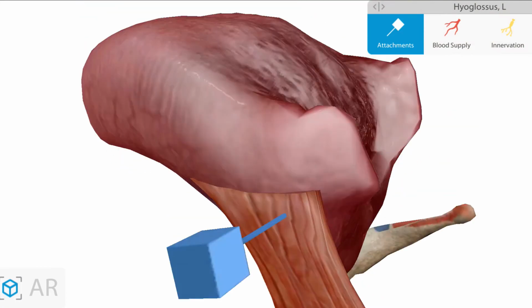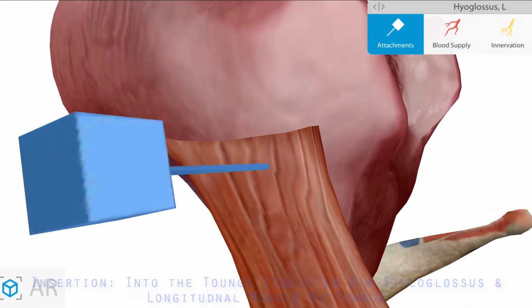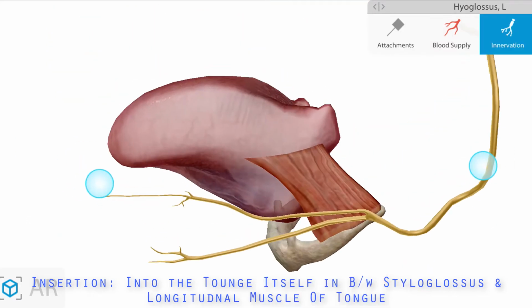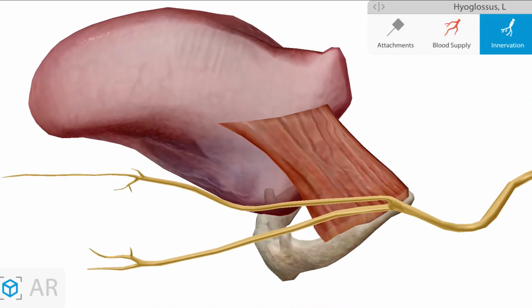The blue pin here is showing the insertion of the hyoglossus muscle, that is into the tongue between two different muscles, the styloglossus and the longitudinal muscle of the tongue.